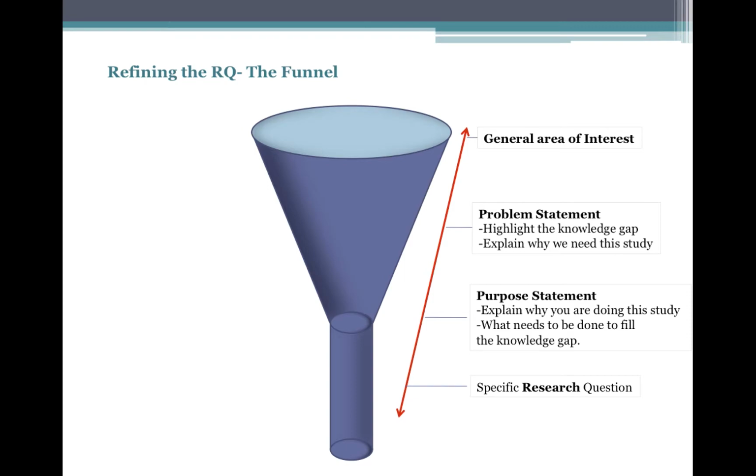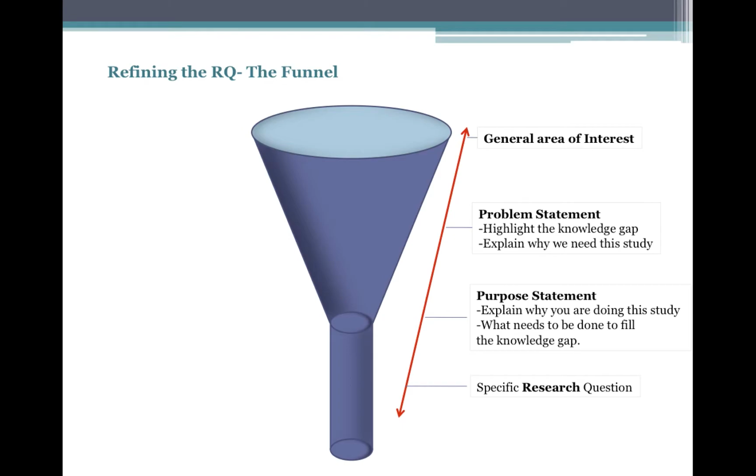Right now, you might be interested in something, but you might discover that the area you're interested in exploring has already been exhaustively researched. So, you really need to fill in some kind of knowledge gap. Otherwise, you're just repeating what researchers have already done.